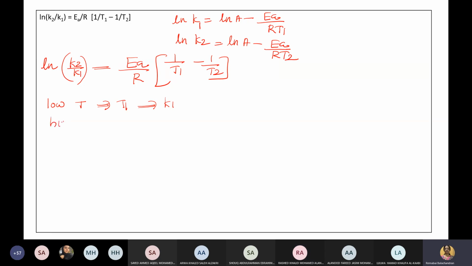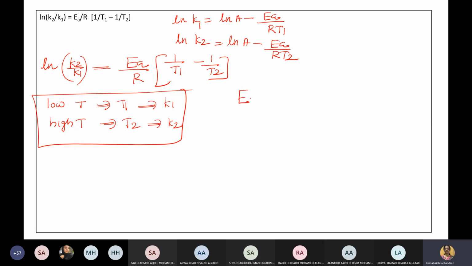So high temperature is T2, rate constant is k2. Don't mix up. Lower temperature, let's take it as T1 to make the calculation easier. You can switch also, no problem, but when temperature is T1, rate constant is k1, don't switch that. When temperature is T2, rate constant is k2.